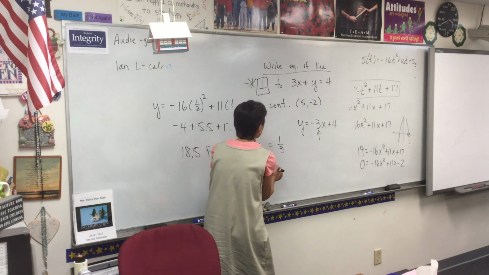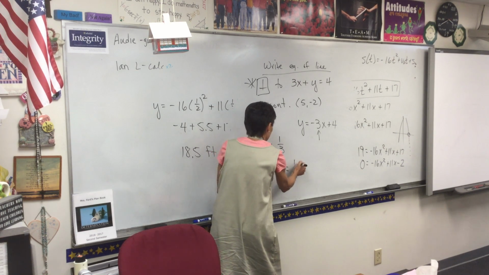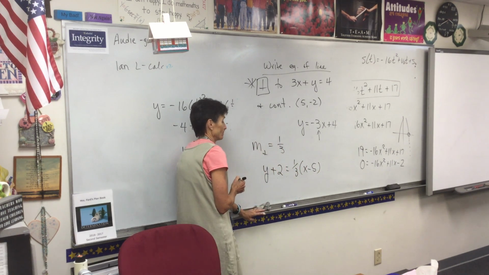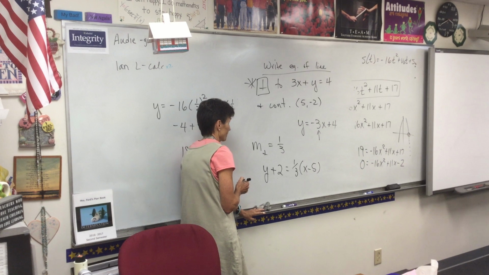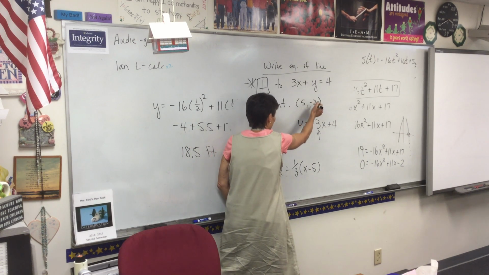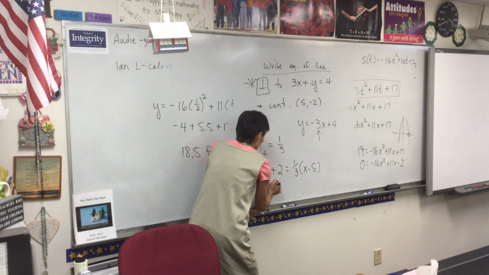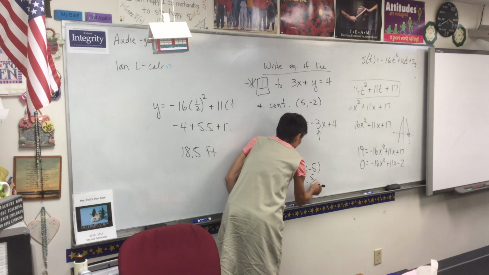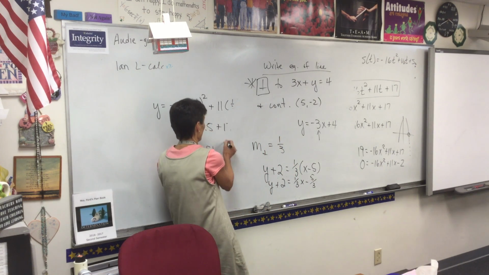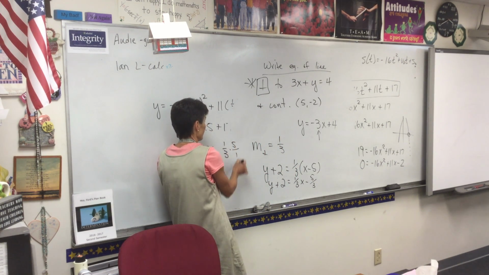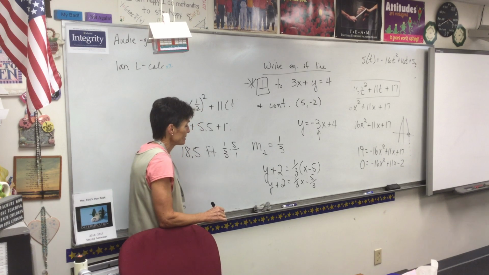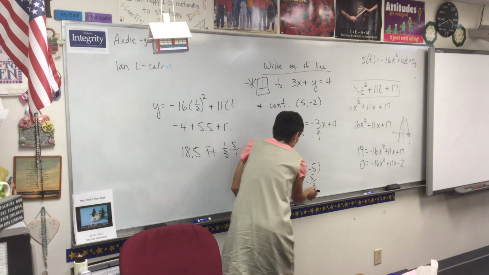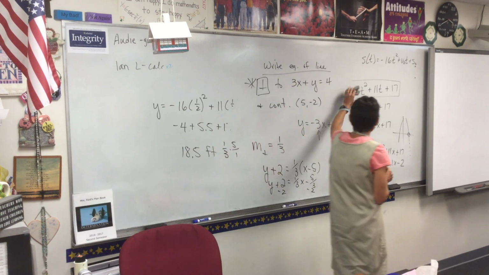So y plus 2 equals 1/3 times x minus 5, with the 5 and negative 2 being my x and my y right here. So y plus 2 equals 1/3 x minus 5/3. When you multiply 1/3 times 5/1, it's 5/3. Now I'm going to subtract 2 from both sides.